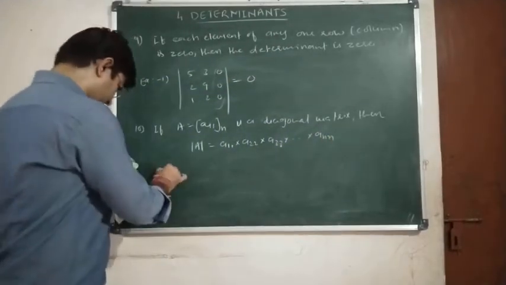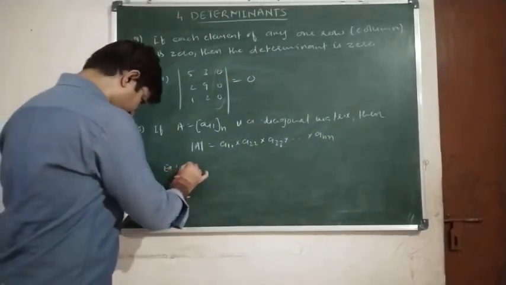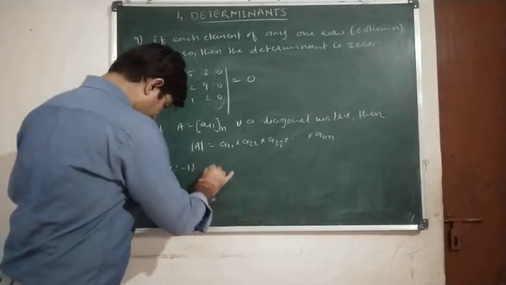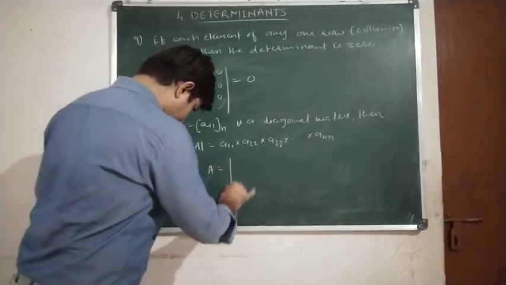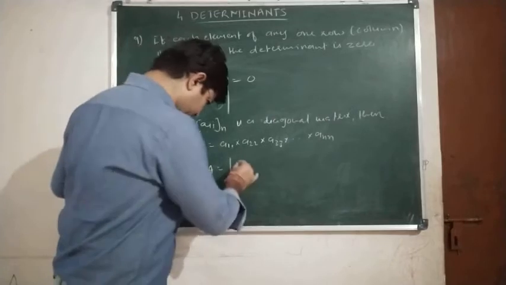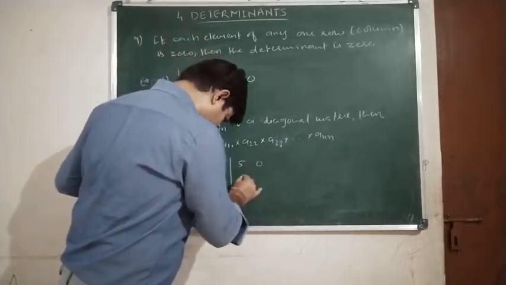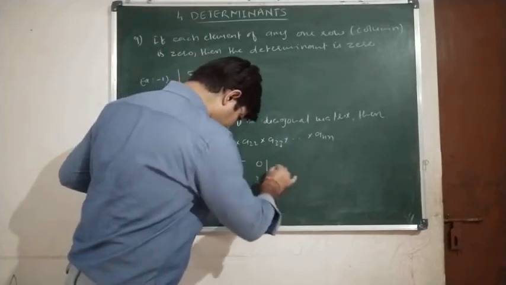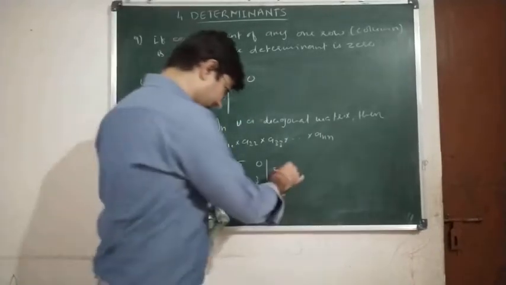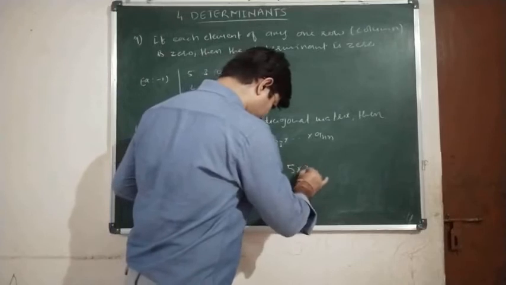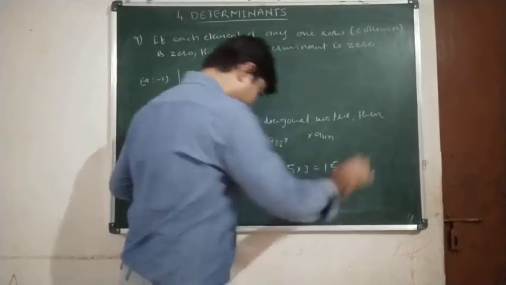For example, if we take matrix A, determinant directly I am taking 5003, then the answer will be directly we will multiply the diagonal elements. 5 3s are 15.